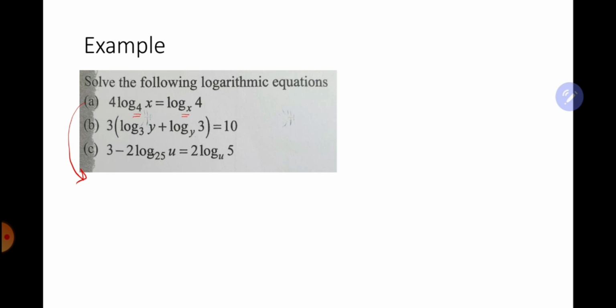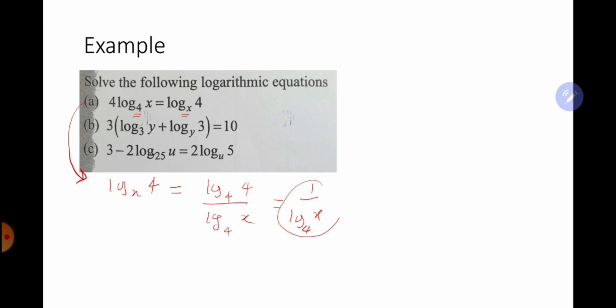Okay, so kita we know that log 4 base x will be equals to, okay, so kita nak tukar base x ni jadi base 4. Okay, so use the change of base formula. Log base 4 of 4 equals to log of 4 base x. Okay, so yang ni akan jadi 1 per log x base 4.